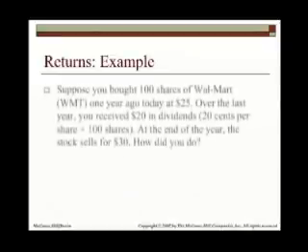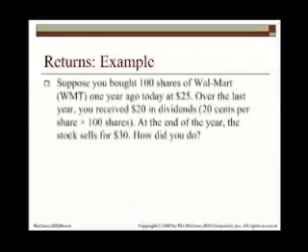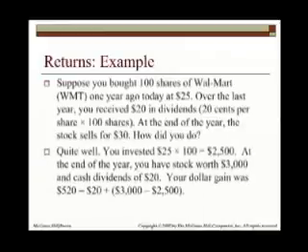Here's an example. Suppose you bought 100 shares of Walmart stock a year ago for $25. Now the stock is worth $30, and in the meantime the stock has paid 20 cents a share, or $20 for 100 shares. How well did you do? What was your return? Well, you put in $2,500.